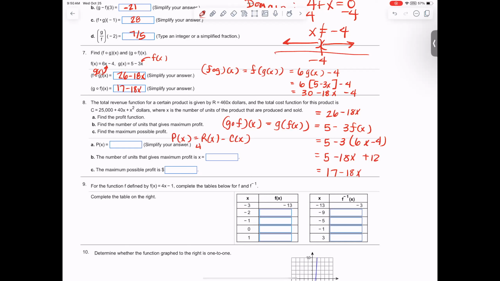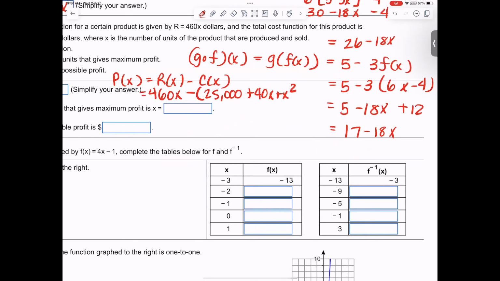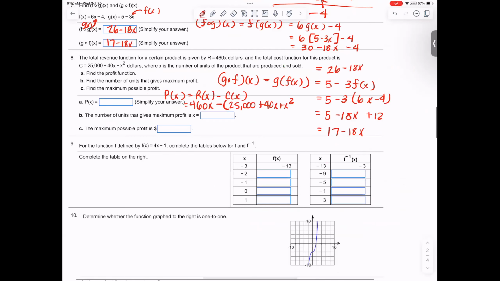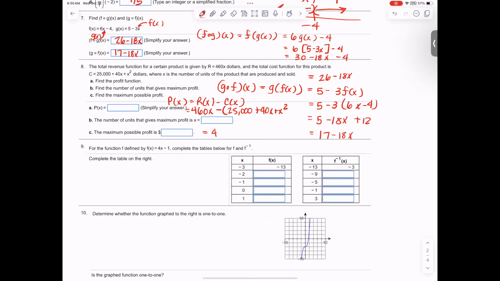I have 460x minus, in parentheses, 25,000 plus 40x plus x squared. So what I end up with is 460x minus 25,000 minus 40x minus x squared.